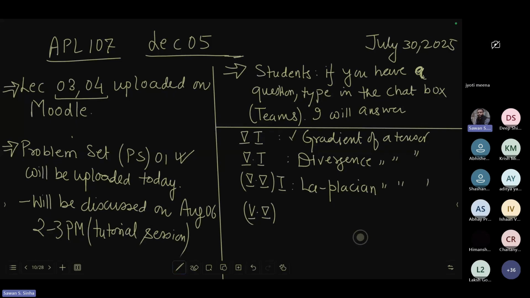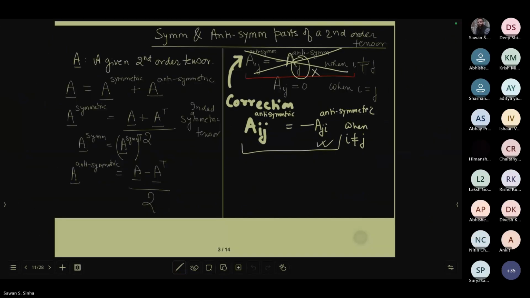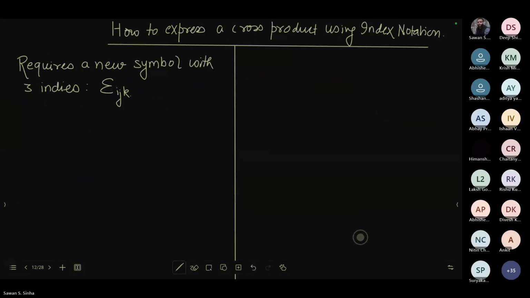And I talked about this operator which is called the advection operator. I gave one example for each of these quantities. What do we do next?